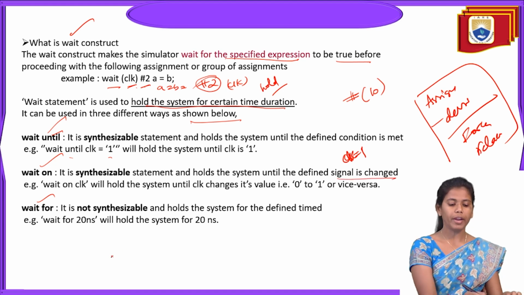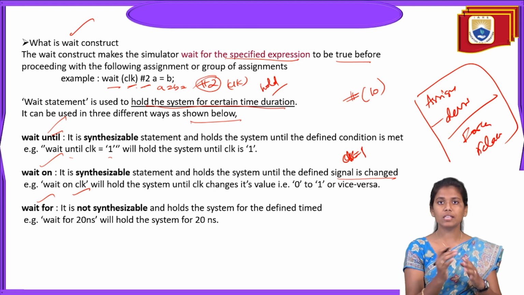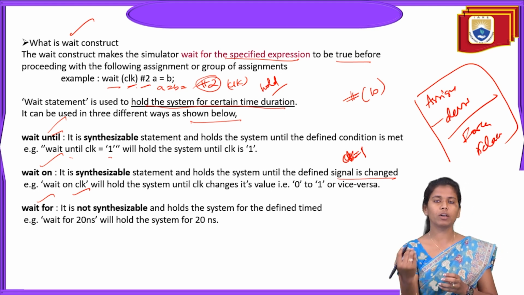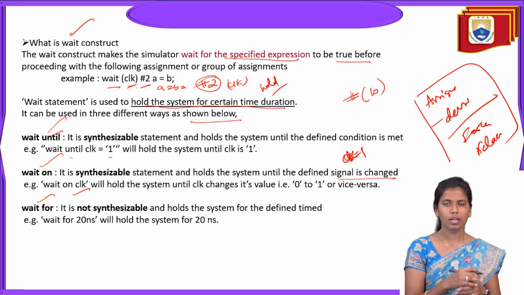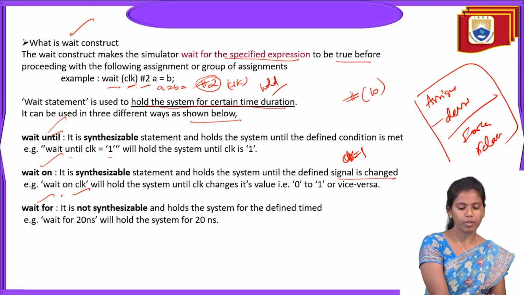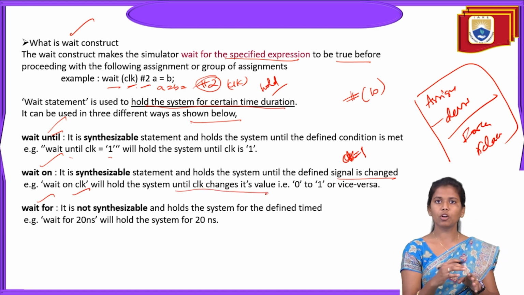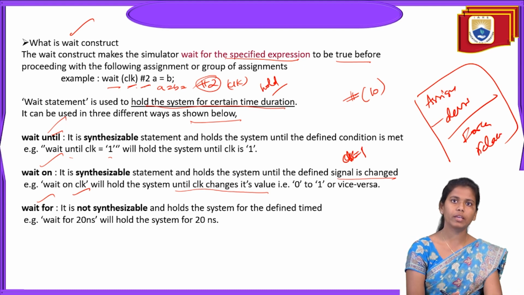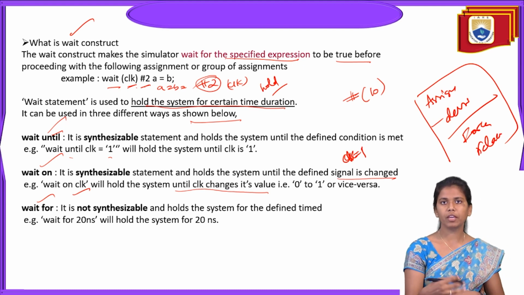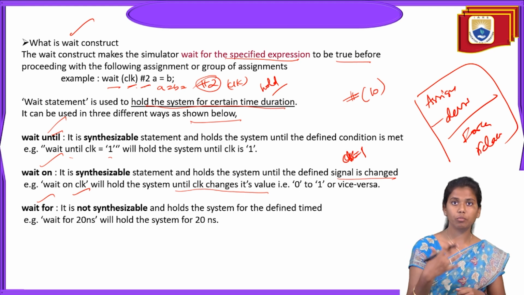That means wait on clock will hold the system until the clock changes from 0 to 1 or from 1 to 0. We can make use of this sort of construct when we are writing code based on wait constructs.